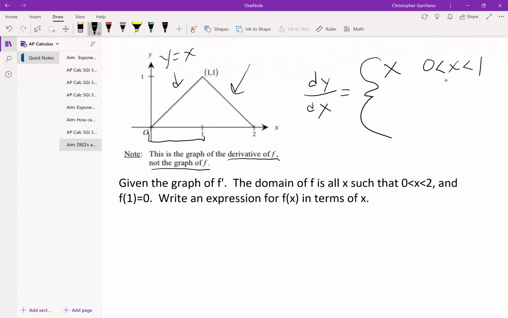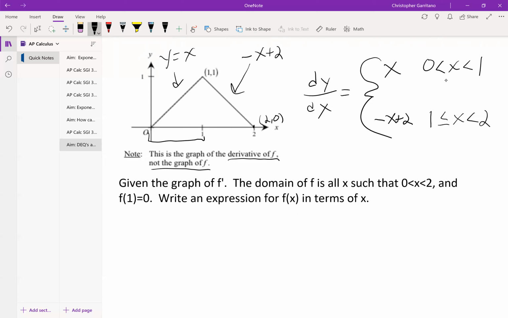And for 1 to 2, this is the line negative x plus 2. All right, you can find that, of course, by determining the slope. You're given 2 points, 1, 1, and 2, 0. So you can find the slope. You know a point that exists. You can use point slope form and then just sort of isolate y to get the slope intercept form.